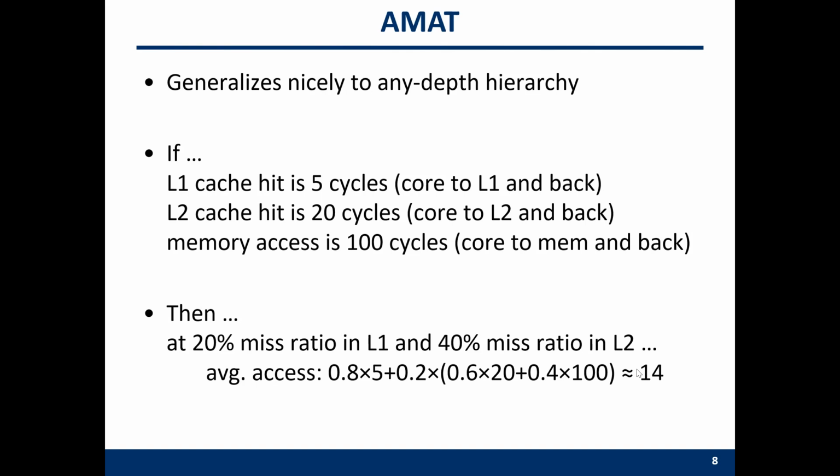The L2 cache generally takes 20 cycles. So if the miss rate in L1 is 20%, and the miss rate in L2 is 40%, what's the average access latency?